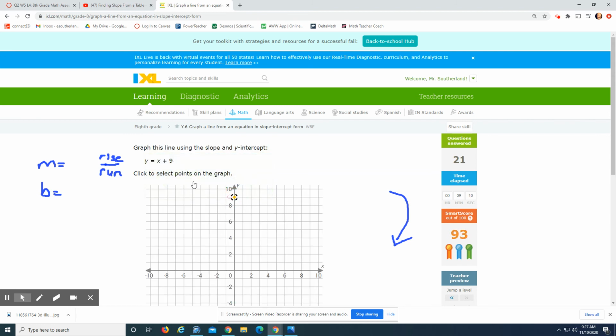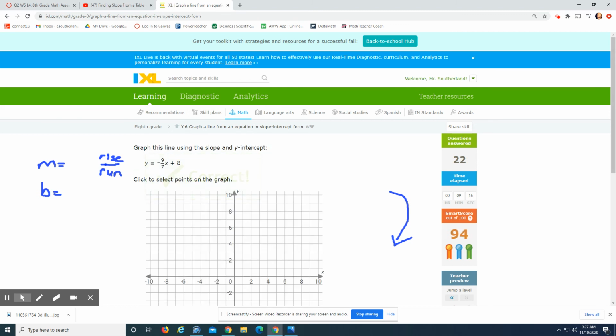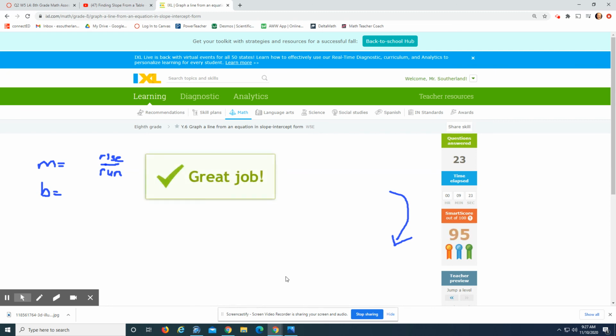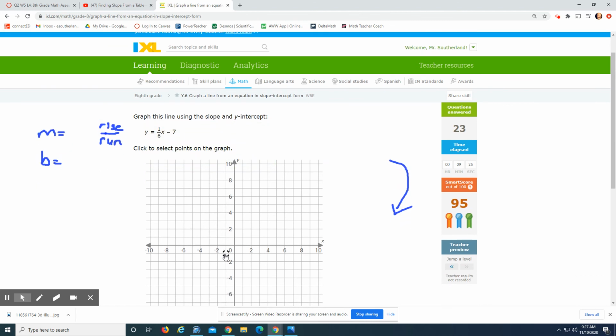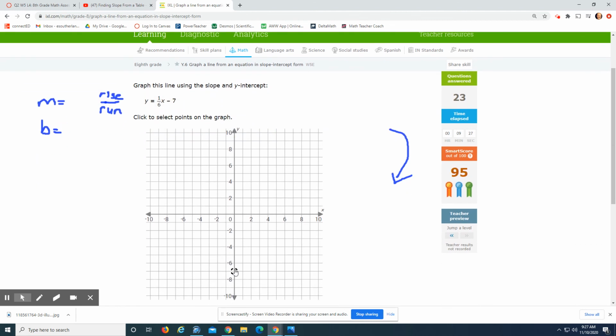+9 says start at 9. When there's not a number in front of x, we can assume it's 1. So that means up 1 over 1. 8, down 9 over 7. -7 tells us to start at -7.